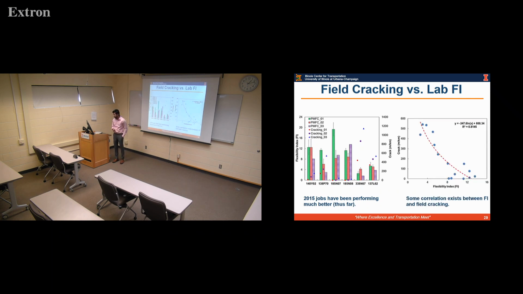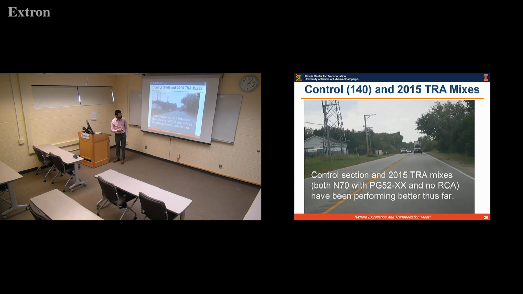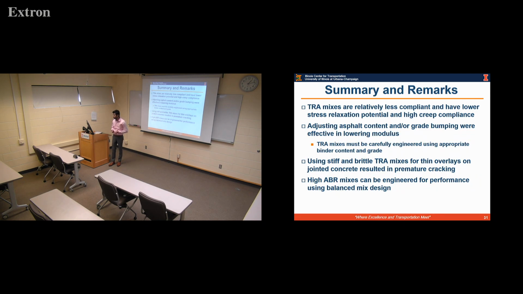so far. If you look into the field cracking and flexibility index correlation, it shows a decent trend. So what we get out of this study was that the control section and 2015 mixes had a better cracking performance compared to the 2013 sections, which can be attributed to several reasons, which we'll talk about.